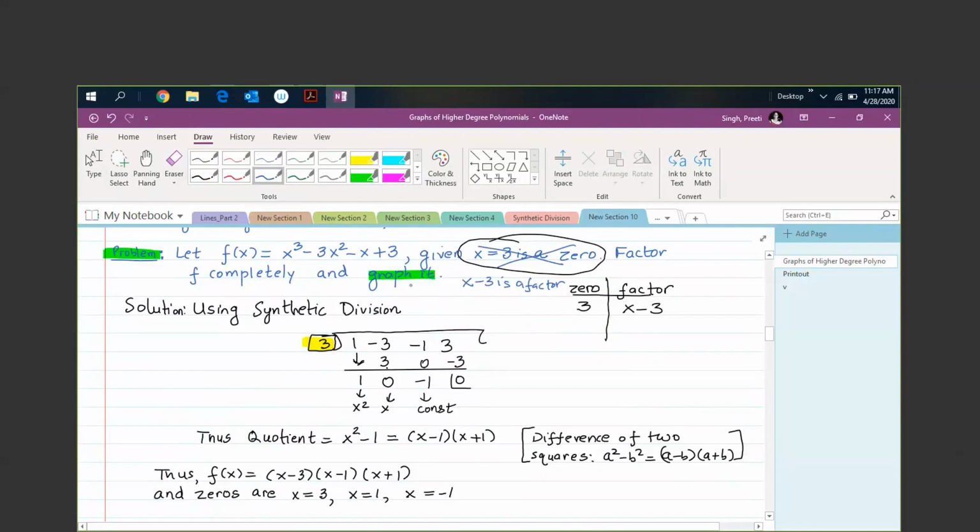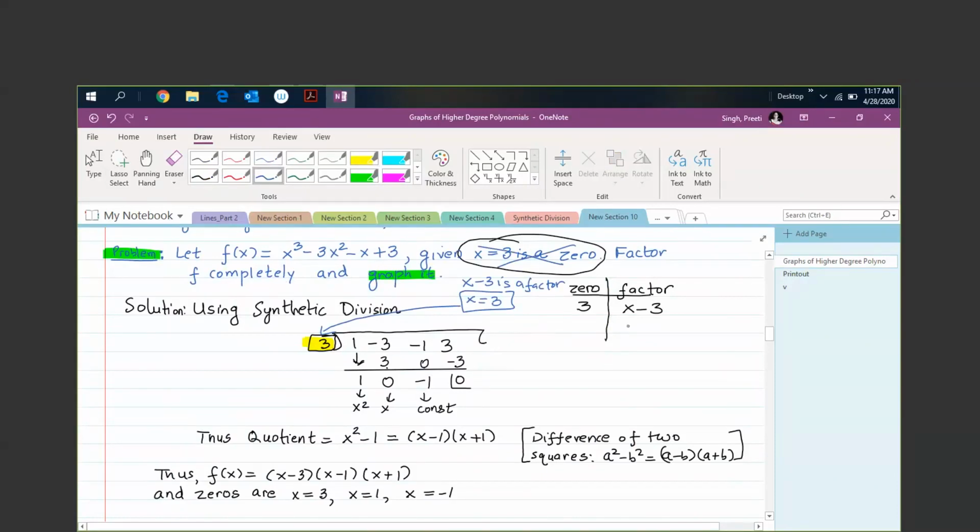So given this polynomial, let f of x be this. Given x minus 3 is a factor, factor f completely. If x minus 3 is a factor, I know x equals 3 is a 0, because you set it equal to 0 to figure it out. Once you have x equals 3, you write 3 here.